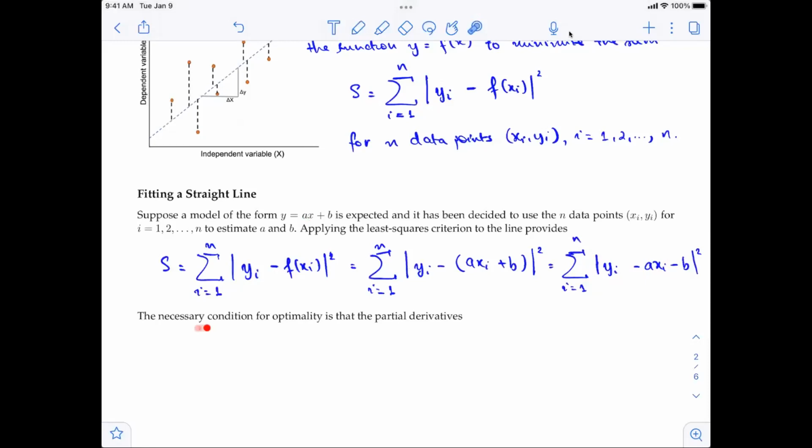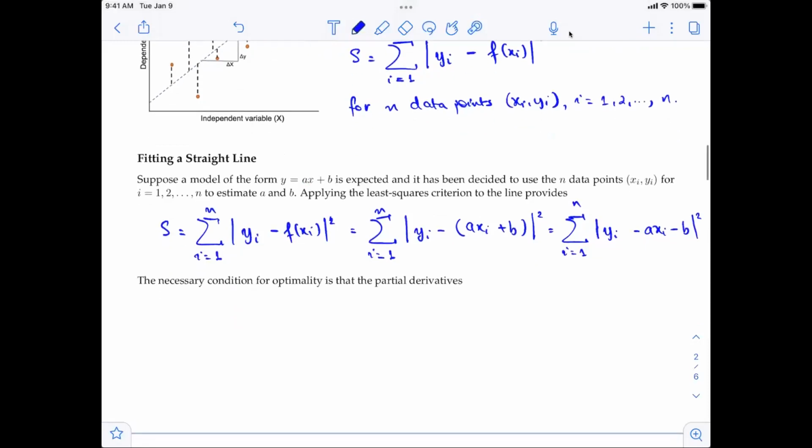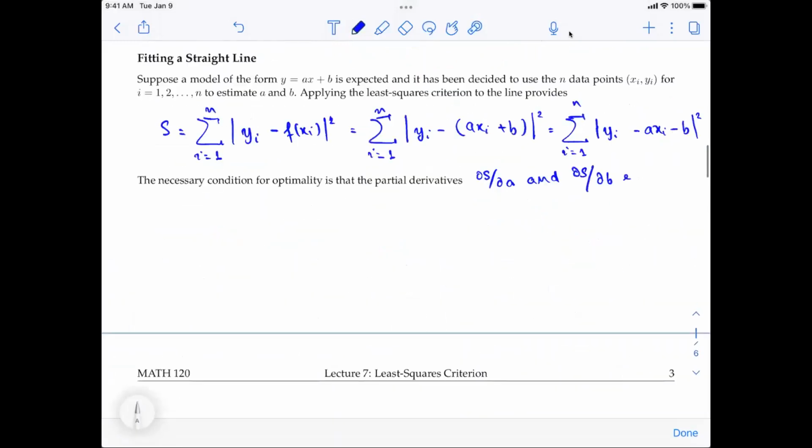So the necessary condition for optimality is that there are two partial derivatives, partial S partial a and partial S partial b equal 0. All right, and it's going to use the following equations.